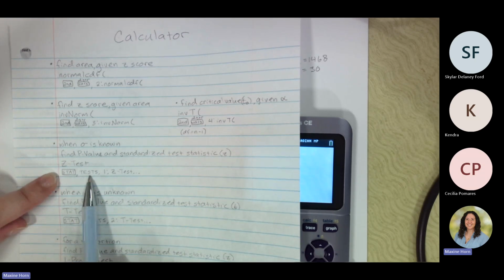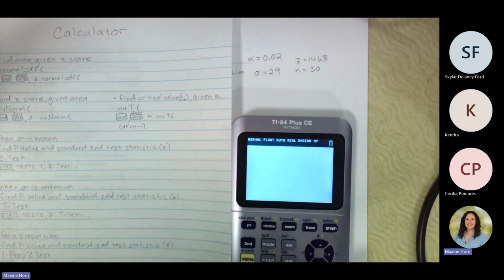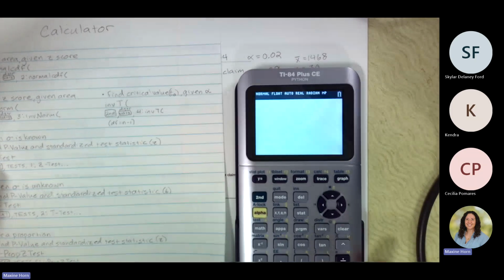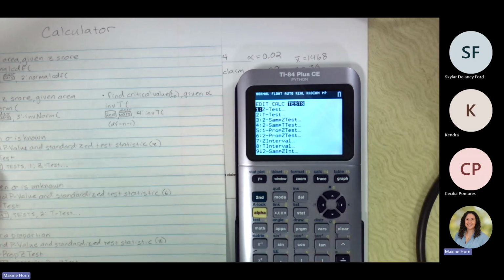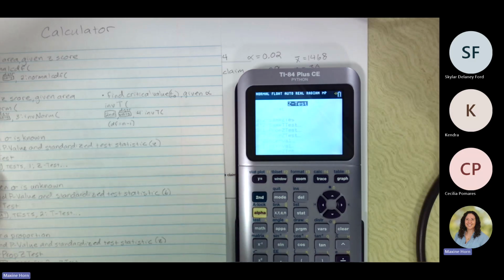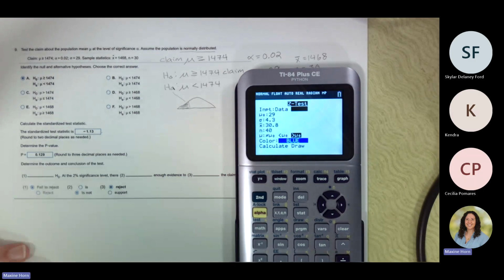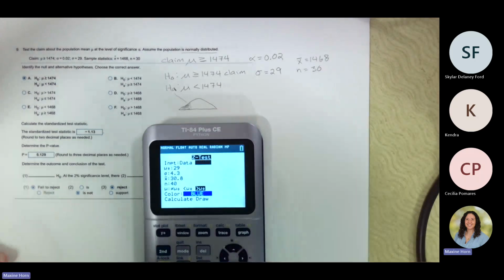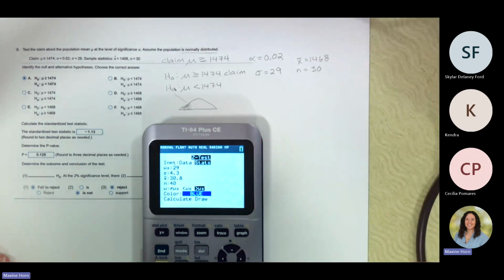So stat, tests, 1: z-test. I can either hit enter or hit 1. Now I'm going to plug in all of this information. We're doing stats rather than data. Our population mean is 1474.